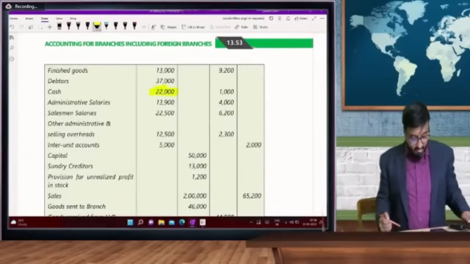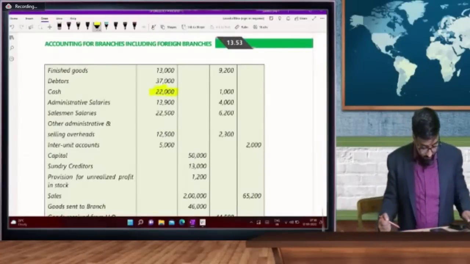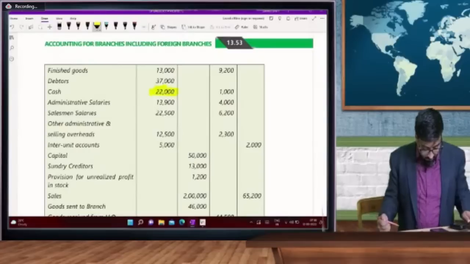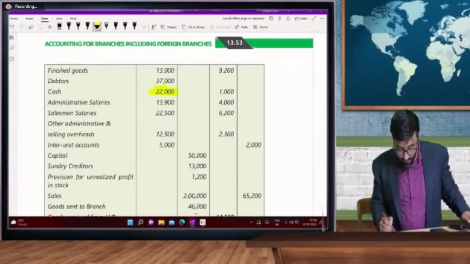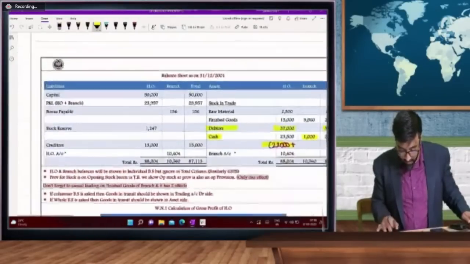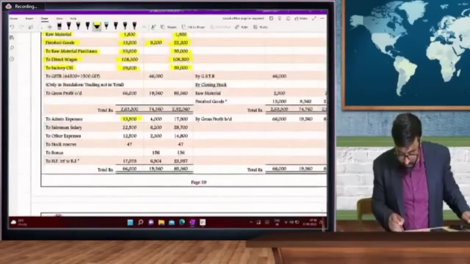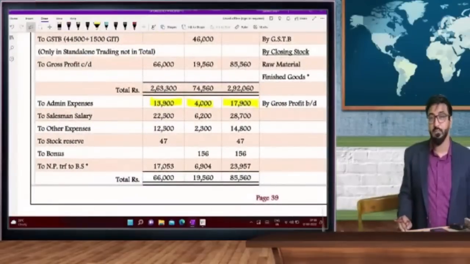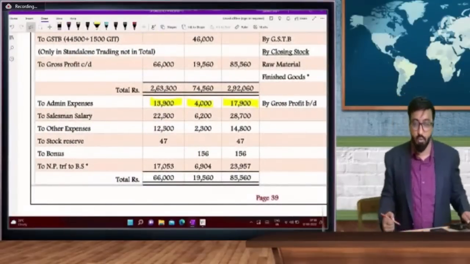Administration salaries. Very good. Administration salaries 13,900 and 4,000. Administration salary 17,900, to administration expenses 13,900 plus 4,000.